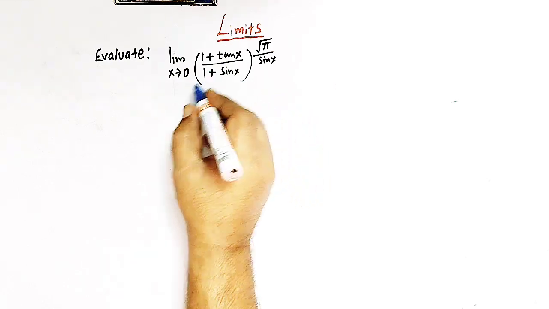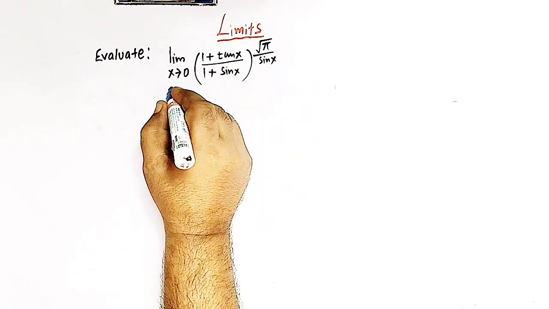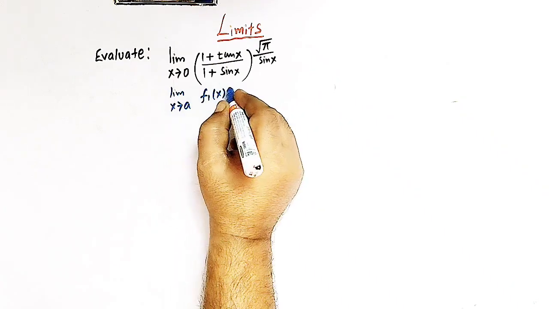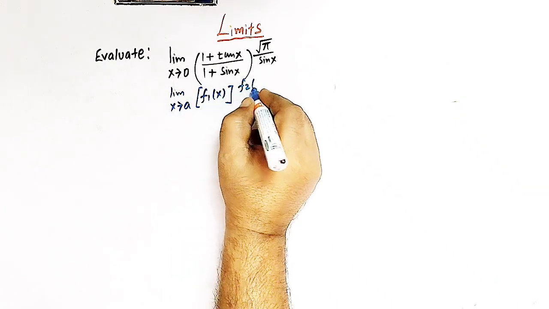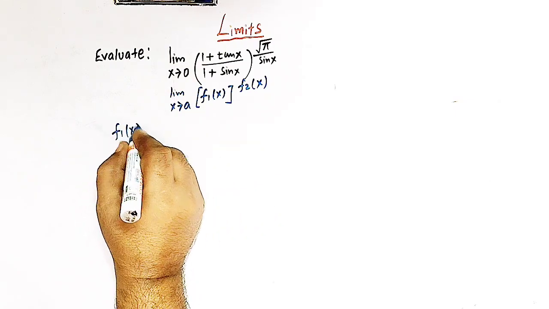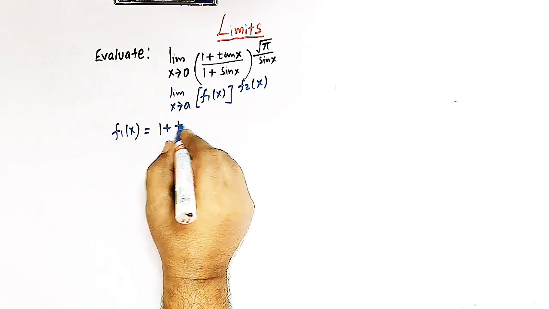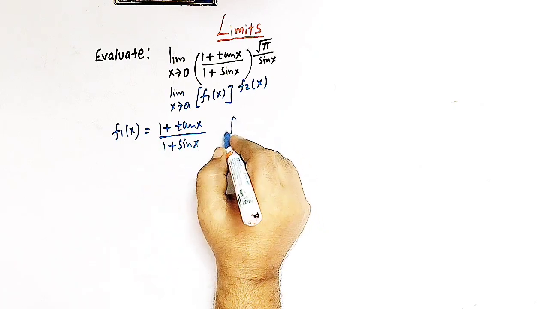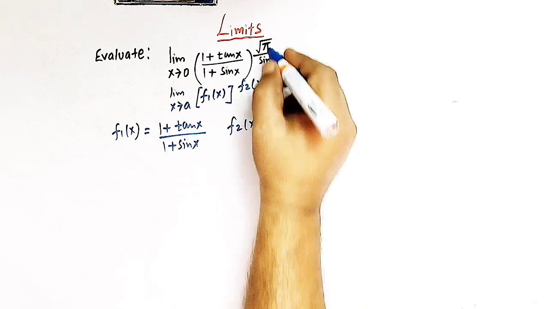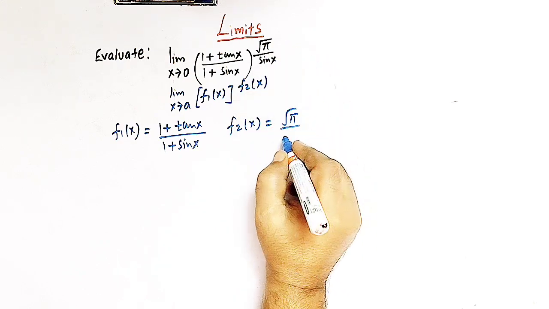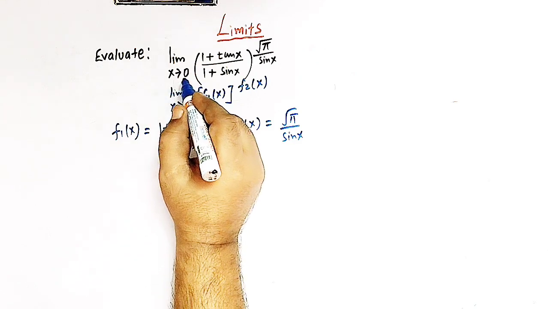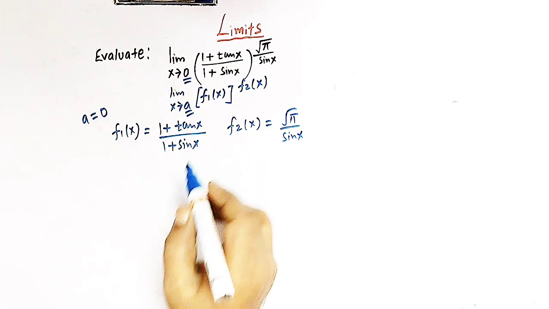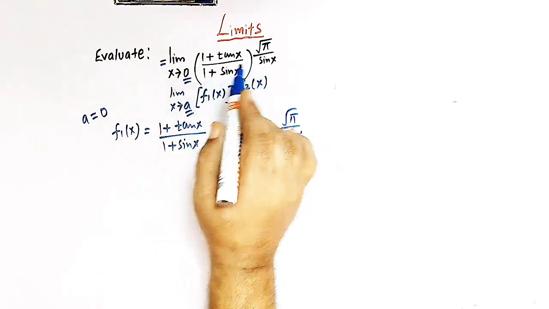If we compare this limit with the limit as x tends to a of f1(x) raised to f2(x), then f1(x) is given by 1 plus tan x divided by 1 plus sin x, and f2(x) is given by square root of pi divided by sin x, and here the value of a is equal to 0. So we have to find out the value of this limit.